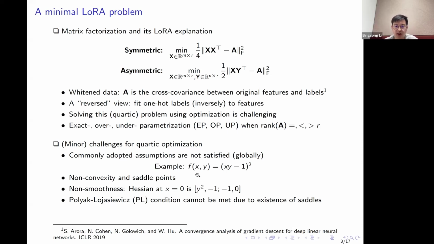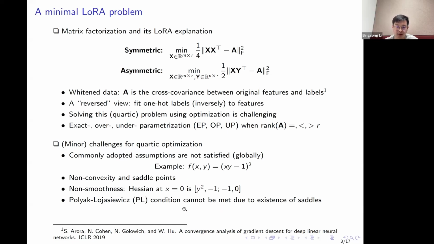But if we check this simple two-dimensional problem, (xy minus 1) squared, and we calculate the Hessian at x, you can see that this Hessian scales with y squared. In other words, if y is super large, the Hessian is no longer bounded. So this matrix factorization problem is not globally smooth. This is the first challenge.